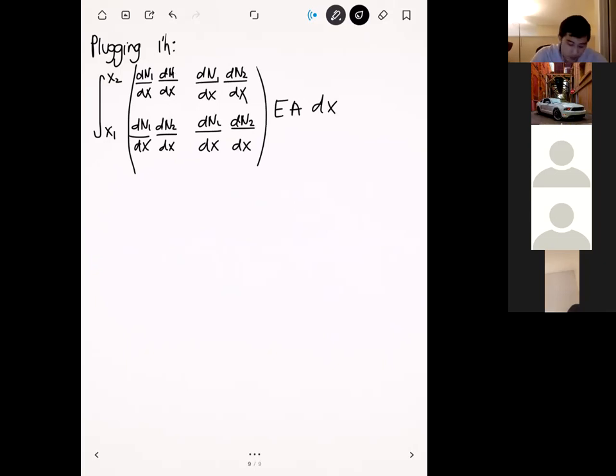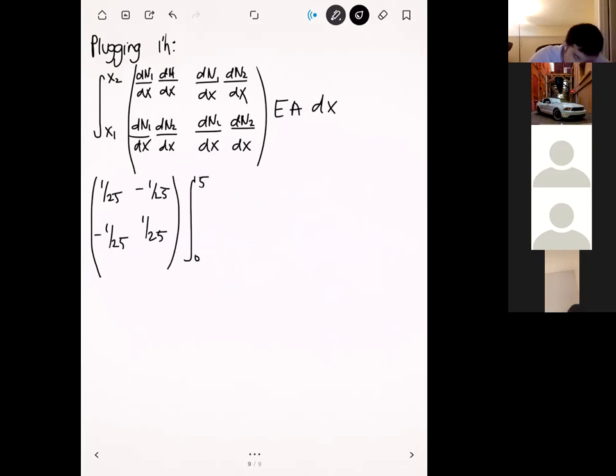Knowing that dN1/dx is just minus 1 over 5, and dN2/dx is just 1 over 5, and knowing that all these are constants, we can just factor that out of the integral. Factoring that out, what we get is 1 over 25, minus 1 over 25, minus 1 over 25, 1 over 25, and we're going to integrate from 0 to 5 times E.